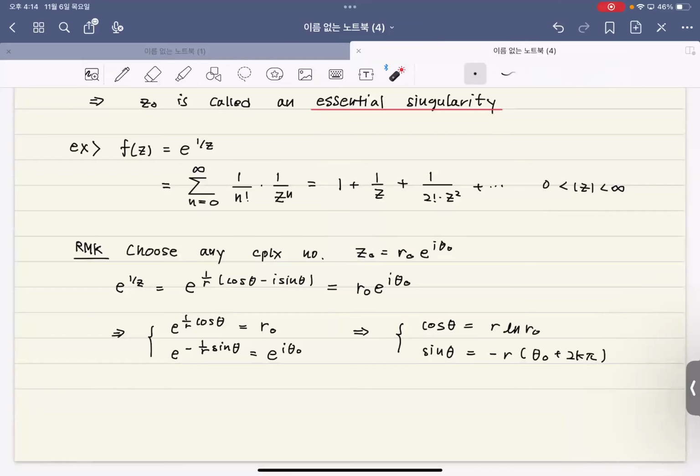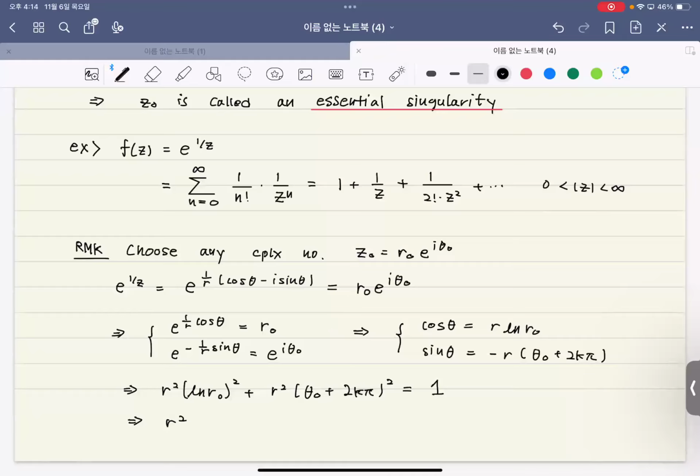What if I square each of these two equations and add them together? Then r squared times ln r0, everything squared, plus r squared times theta 0 plus 2k pi squared is cosine squared plus sine squared, which equals 1.